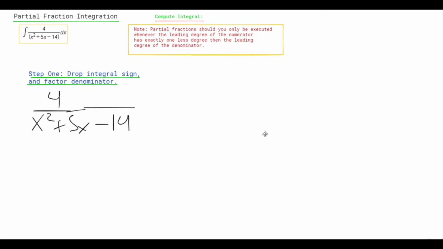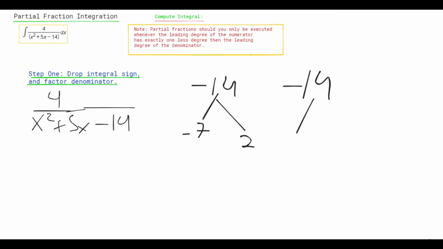So here what we can do is find 2 terms, and this is just a quadratic, so we find 2 terms that multiply to be a times c and add to be b, which is the middle term. So we know that for negative 14 it could either be negative 7 plus 2 or negative 2 plus 7.